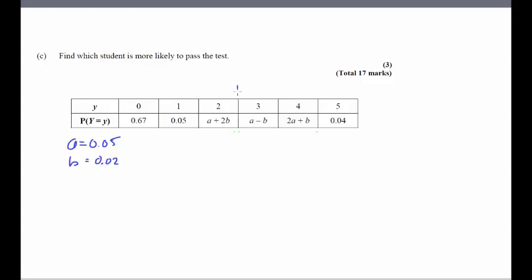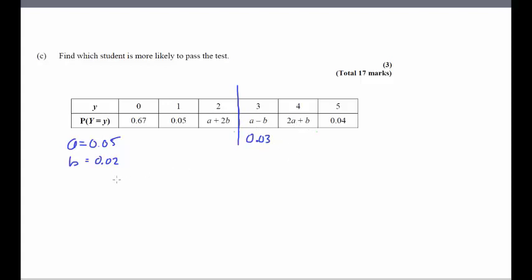And to pass the test, you have to have 3 or more questions right. So we're looking at what is the chance of him getting 3 questions right, and that's 0.05 minus 0.02. So we have 3/100ths chance that he gets 3 questions right.